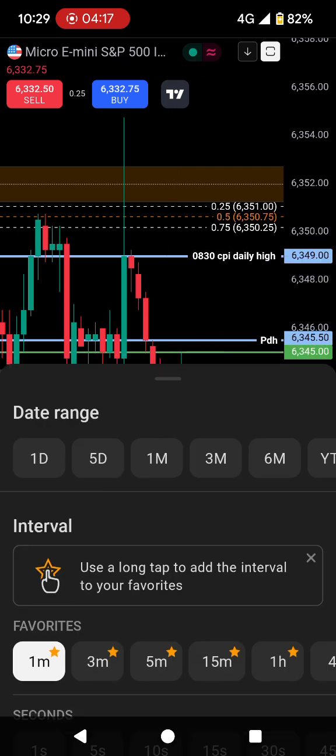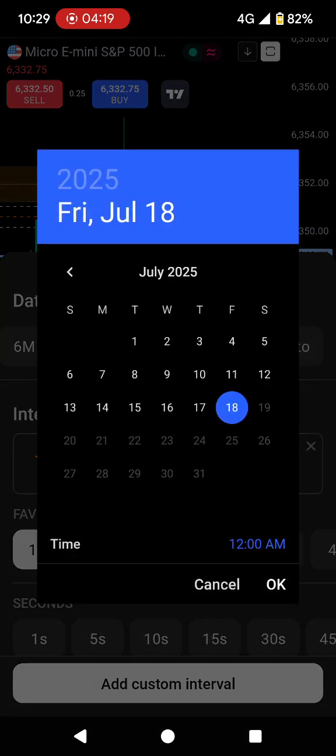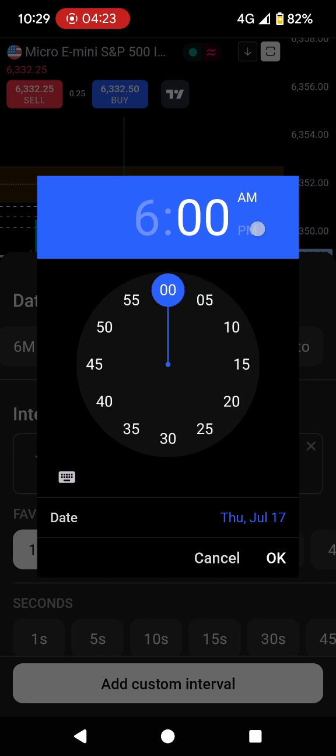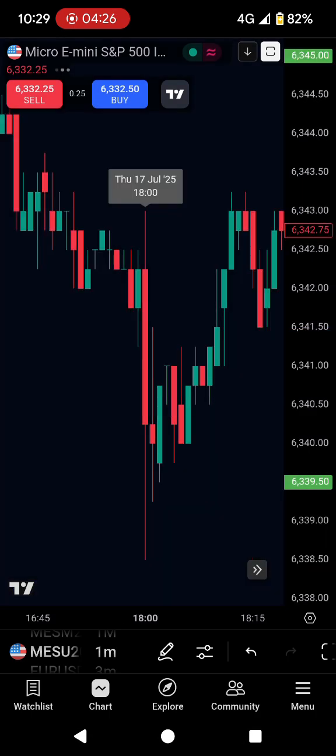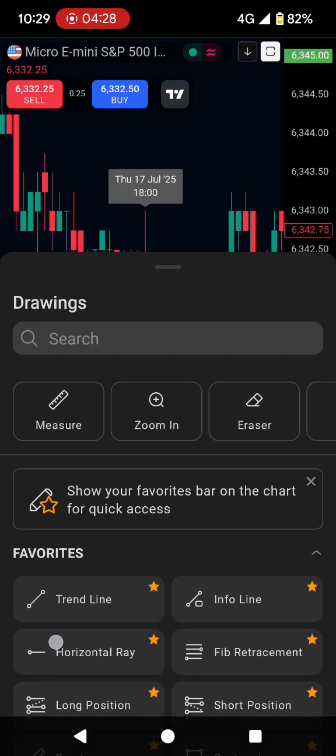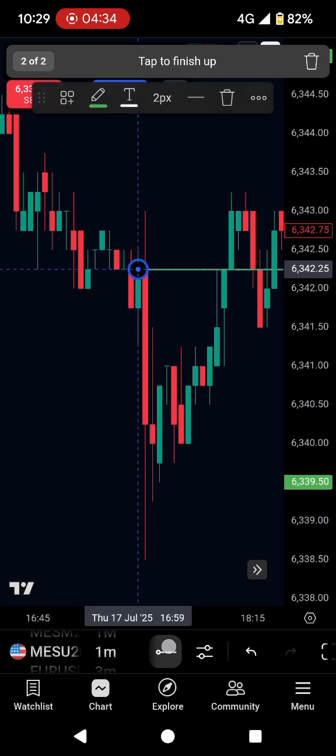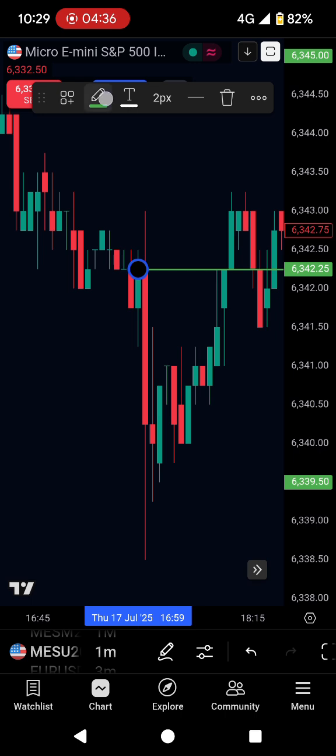And let's just pull out the end dot for today. So Thursday, 12 to 6 p.m. Okay, so we draw it out. The opening price, the closing price and opening price is this one.